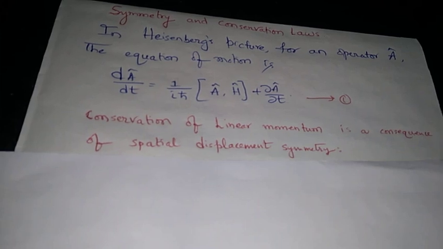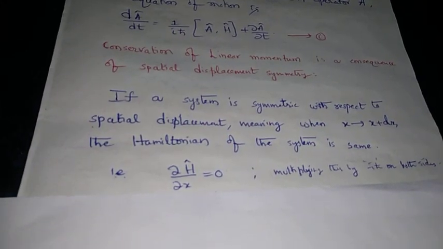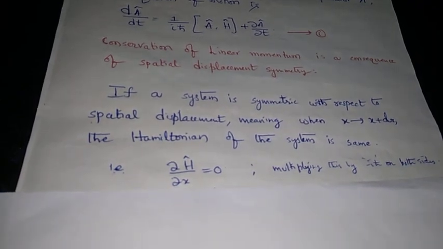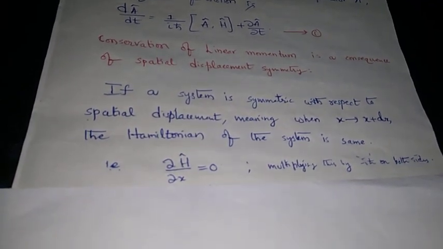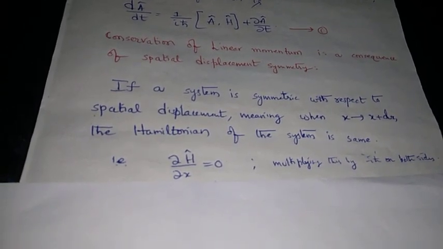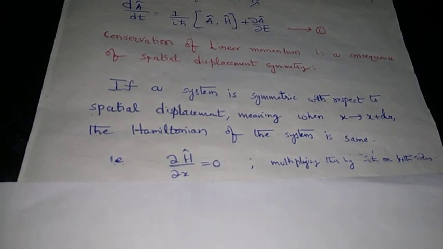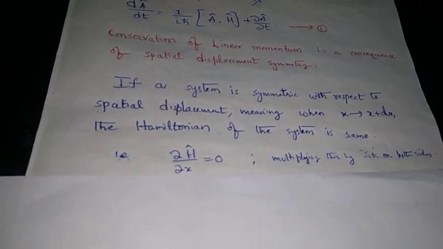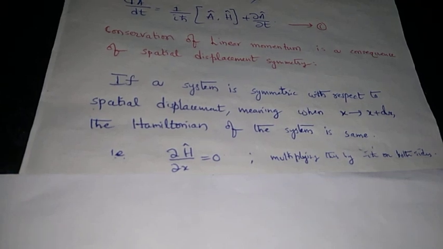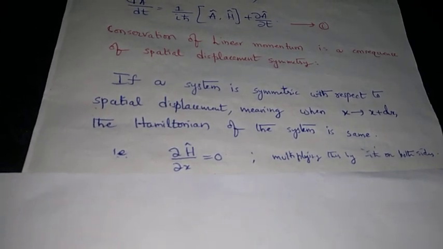Next, we try to explain that the conservation of linear momentum is actually a consequence of spatial displacement symmetry of the system. If a system is symmetric with respect to spatial displacement, meaning that when you transform x to x plus dx, the Hamiltonian of the system should be the same. That means the partial derivative of H with respect to x should be equal to 0.